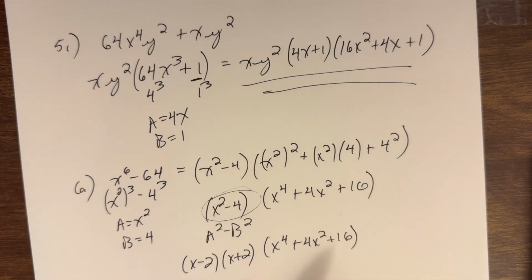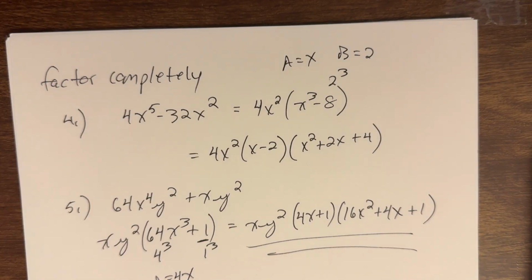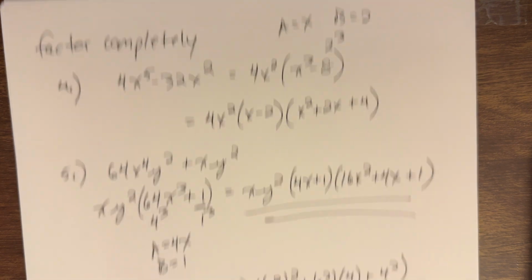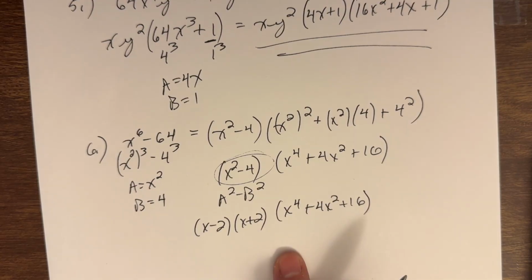So not trying to get too tricky here, just trying to point out big picture that there are so many different interesting ways these techniques can all combine. So you really want to make sure you've got a lot of practice individually with each one, and then see the practice of mixing them together. But when you mix them together, the GCF is what comes first.